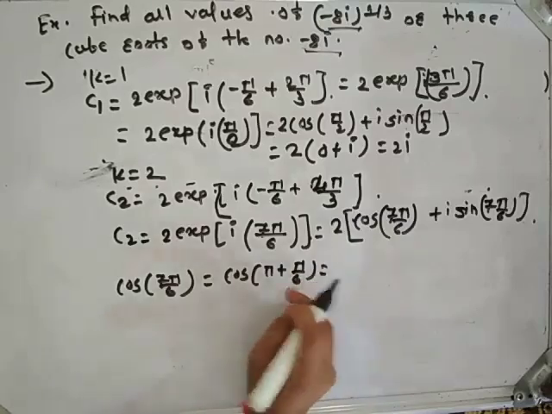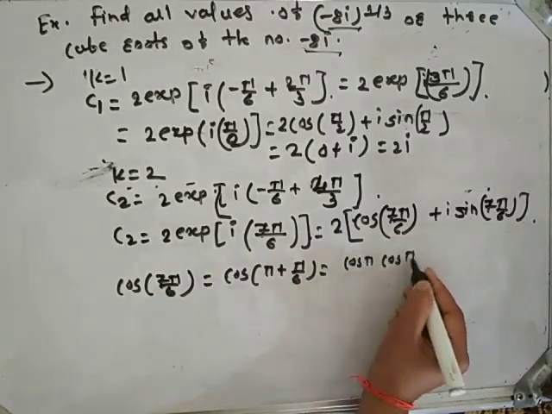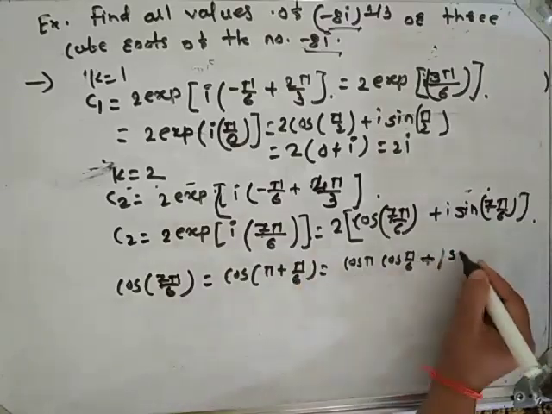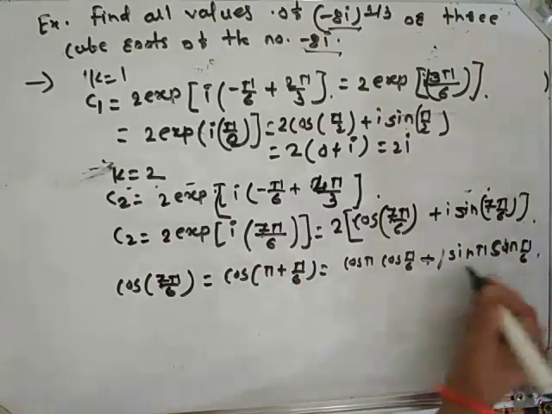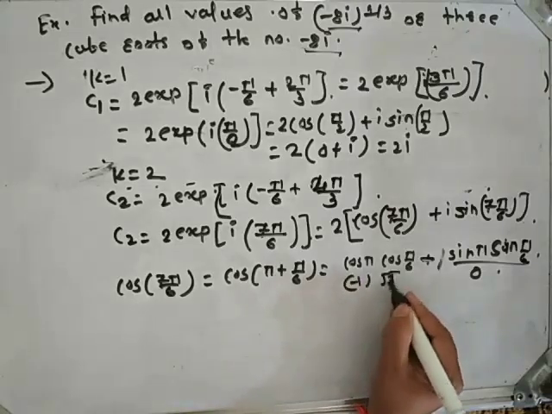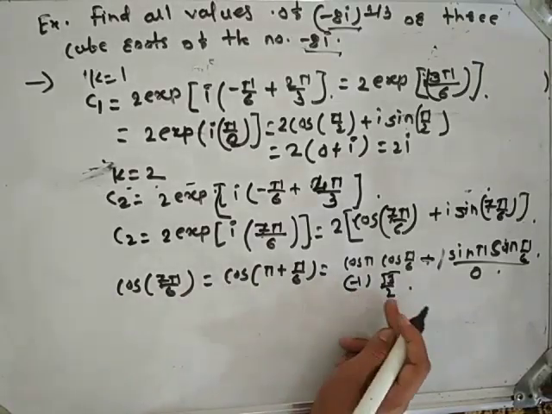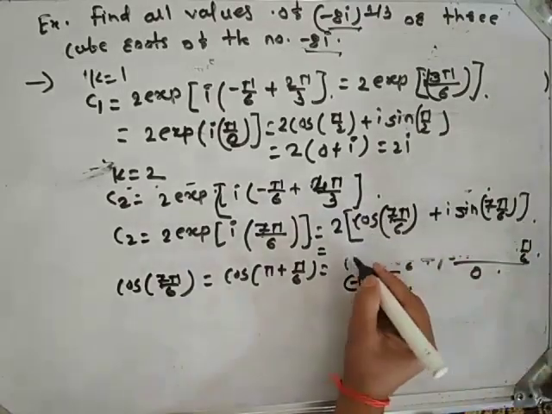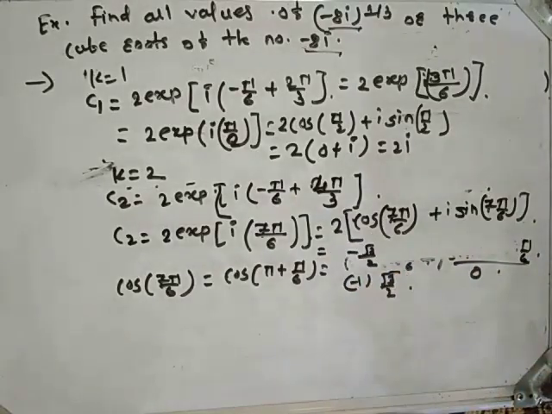Now here use the formula cos of A plus B. This is nothing but cos pi into cos pi by 6 minus sin pi into sin pi by 6. Because sin pi is 0, cos pi is minus 1 and cos pi by 6 is root of 3 by 2, we will get this value as minus root of 3 upon 2.